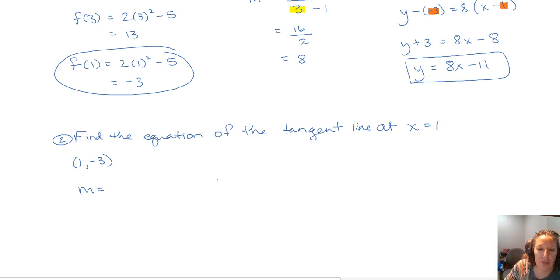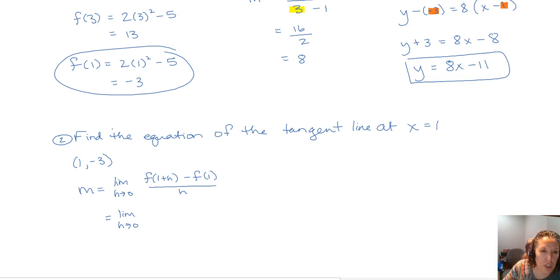But this one, we're only finding the line at x equal 1, so it's going to be the limit as h approaches 0 of our function f of x, in this case f of 1 plus h, minus f of 1 all over h. We are plugging into that same function that we had at the top.